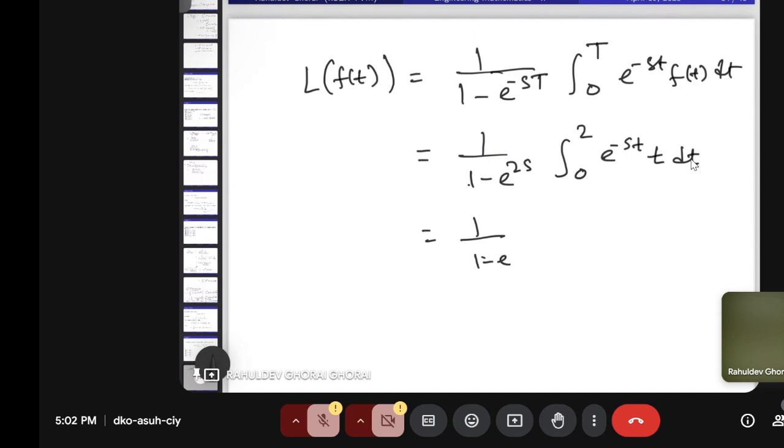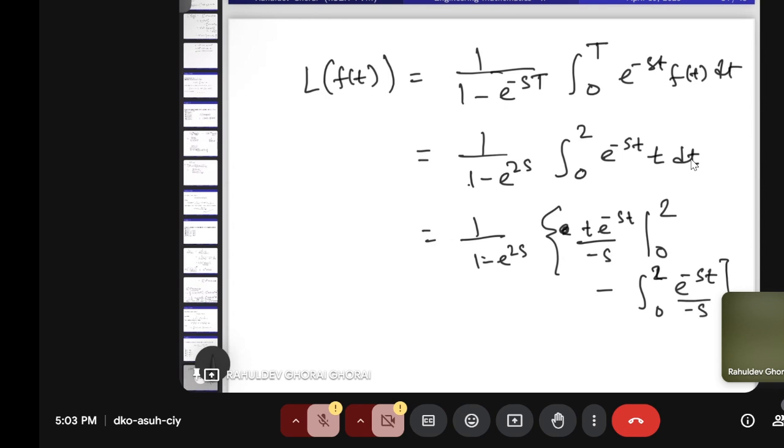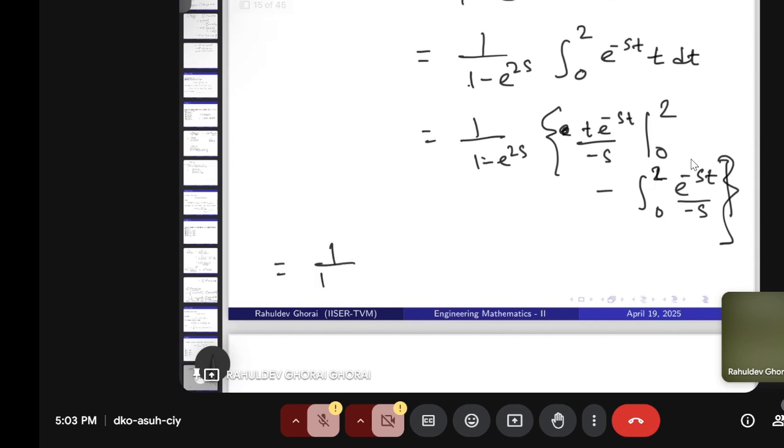So you take t times e to the power minus st over minus s, from 0 to 2, minus the same thing, but the derivative of t is 1, so from 0 to 2 of e to the power minus st over minus s. That's all.